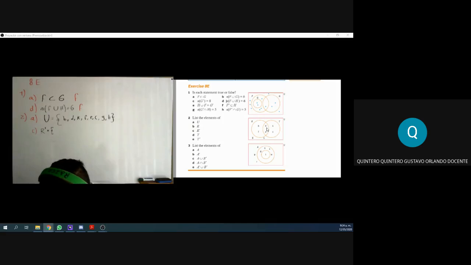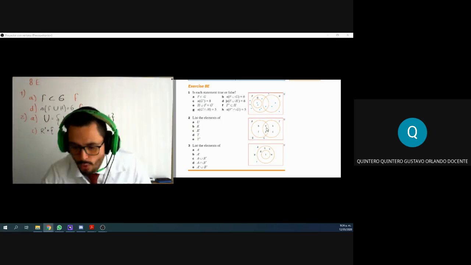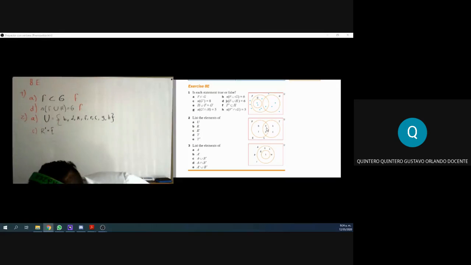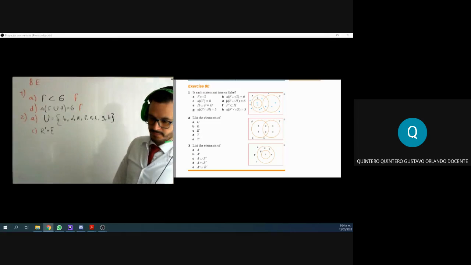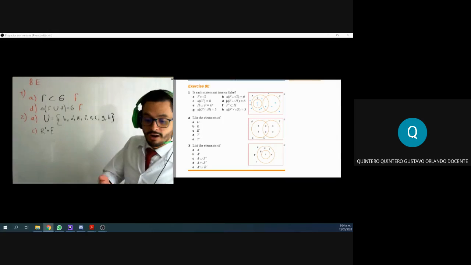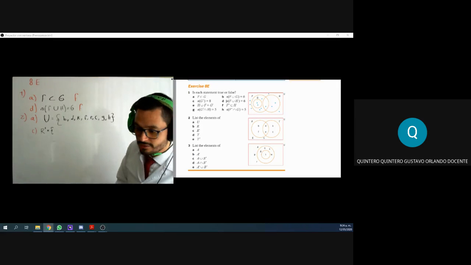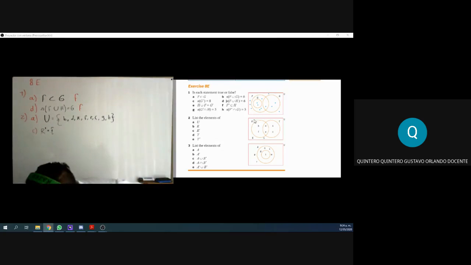Should I include D? Yes or no in the chat, please. Okay, people are now beginning to answer. Beautiful. You are right, guys. I should not include D. Even though it looks like it is outside, it is being separated from R because of this line.